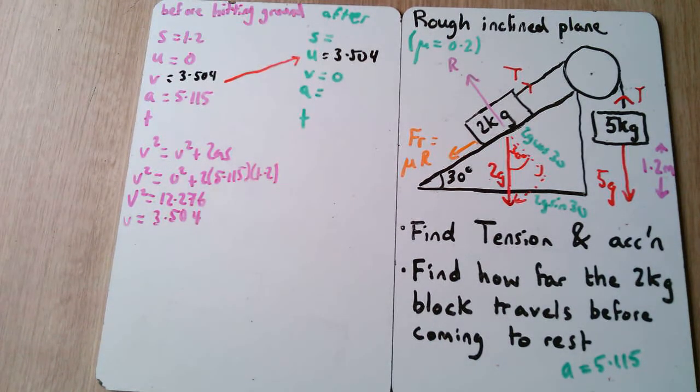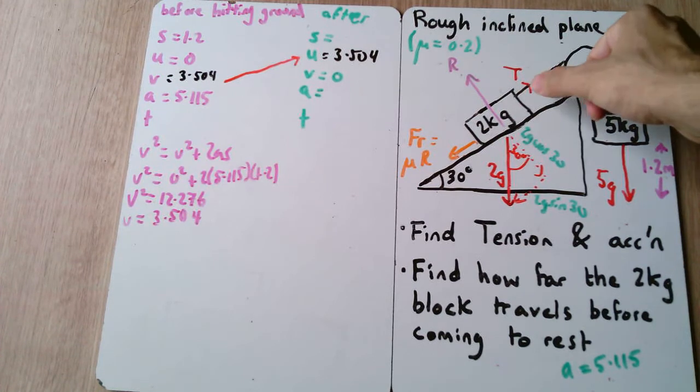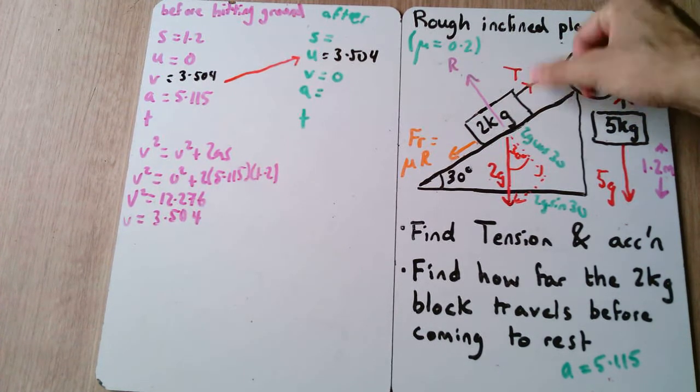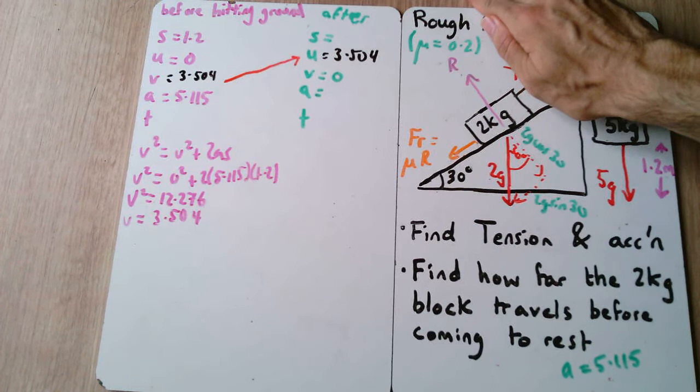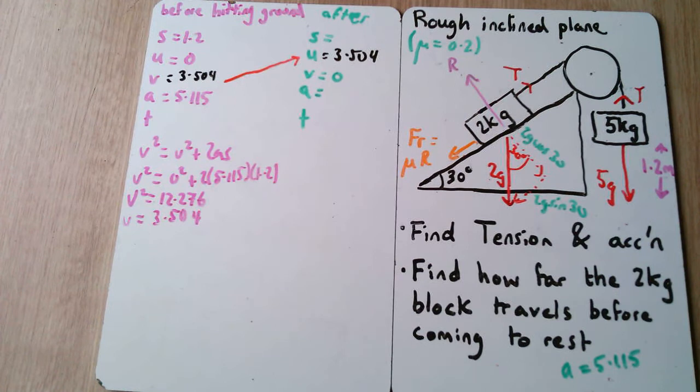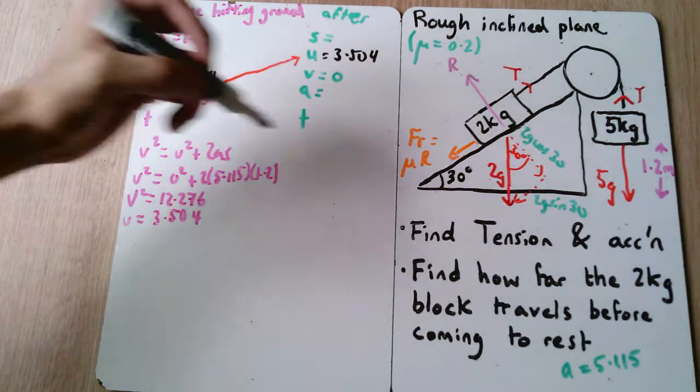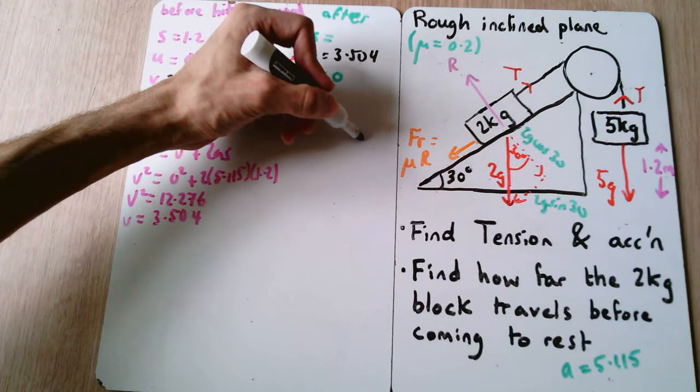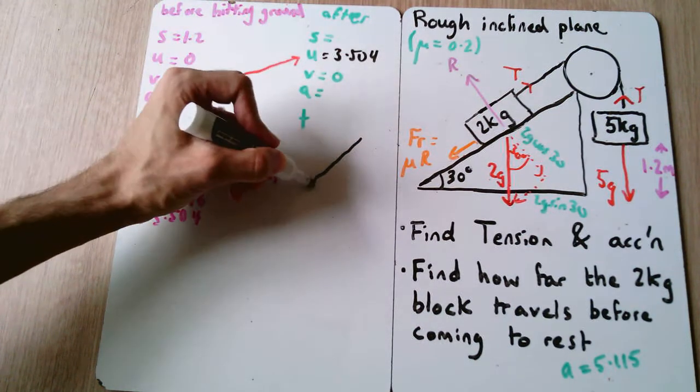Now, if there's no pull left on this block, it means that it is going to be slowing down, due to the friction and due to the weight. So what I do in these scenarios is I draw what is happening in this situation. I draw the diagram again without the tension.